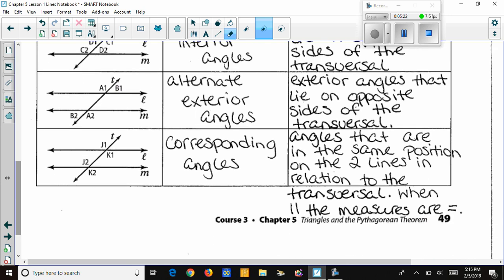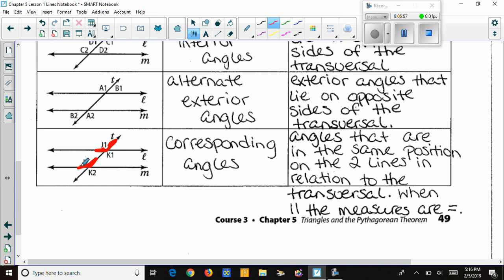Next, we have corresponding angles. Those are angles that are in the same position on the two lines in relation to the transversal. And when the lines are parallel to each other, that is when they have the same measure. So in the case of the picture on the left, we have this angle J1 and J2.